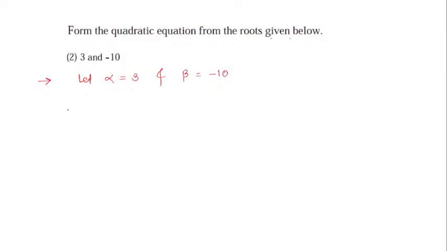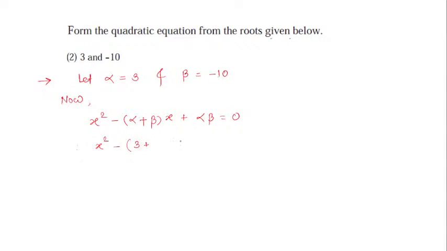Now we have the formula by which we can find the quadratic equation, that is x square minus (alpha plus beta) into x plus alpha into beta, that is equal to 0. So x square as it is minus (alpha is 3 plus beta is minus 10).